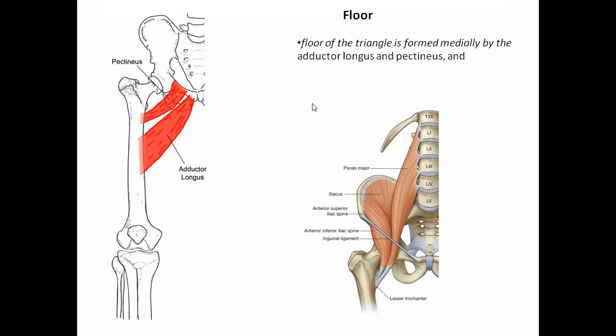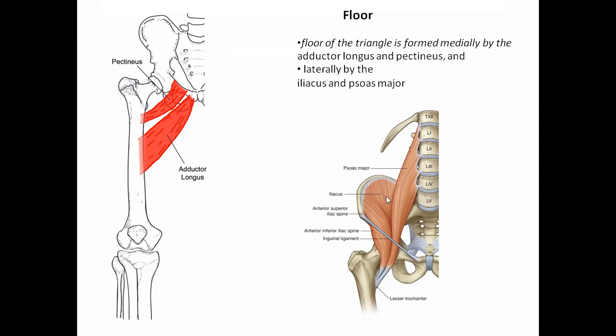And pectineus is another muscle which is seen medial to the adductor longus. So these are forming the floor medially, whereas on the lateral aspect, it is formed by iliacus and psoas major.